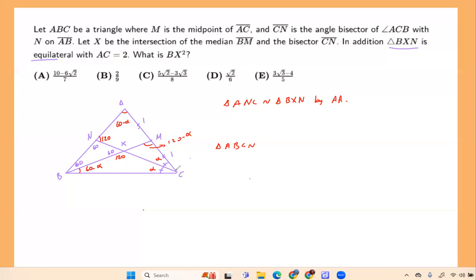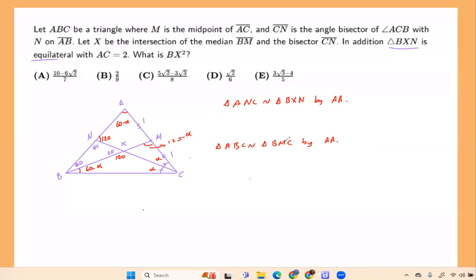So in this BMC, 60 minus alpha is B, so that is my corresponding side, so that's B. And then in ABC, B was 120 minus alpha, so this M is 120 minus alpha. So that is going to be the order. The reasoning is the same, angle. Okay, so we have two similar figures at least.